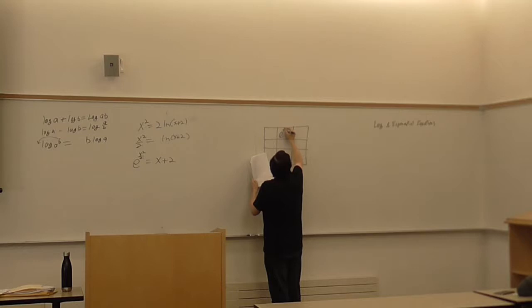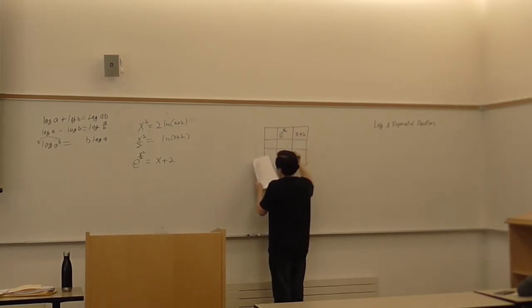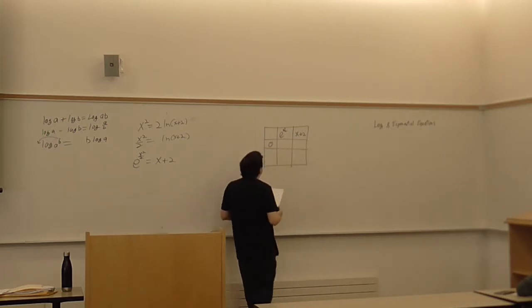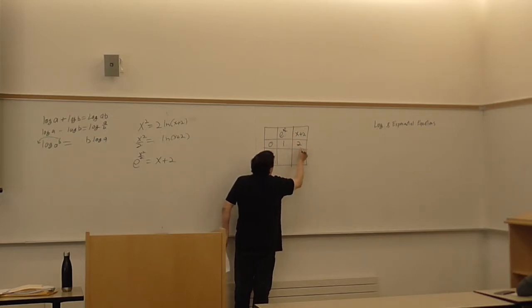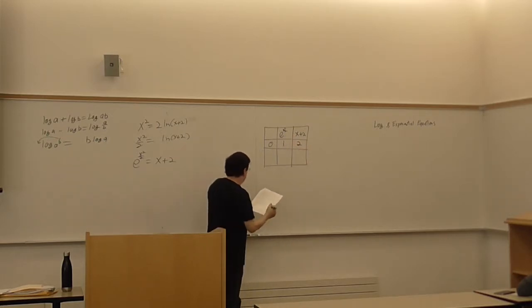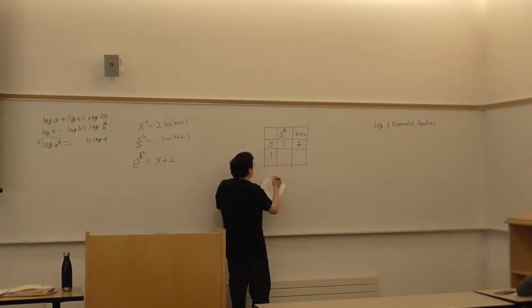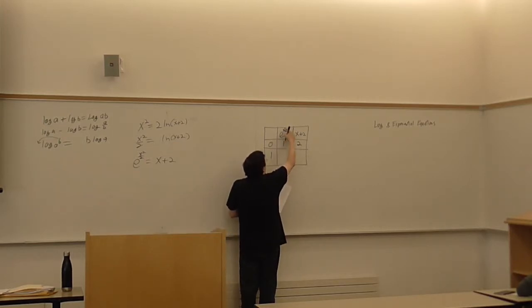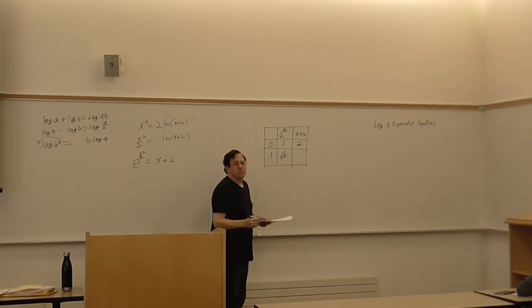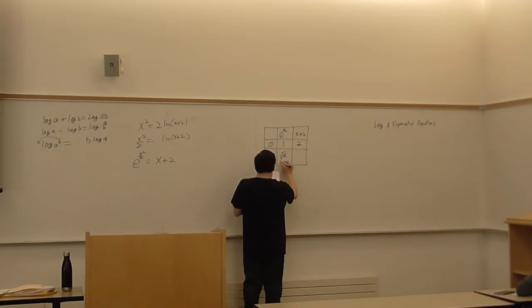For e to the x squared over 2 and x plus 2, let's look at 0. E to the 0, that's 1, and this is 2. Try 1. E to the 1 half, that's the square root of e. What's the square root of e? E is about 2.718. Square root is about 1.64.